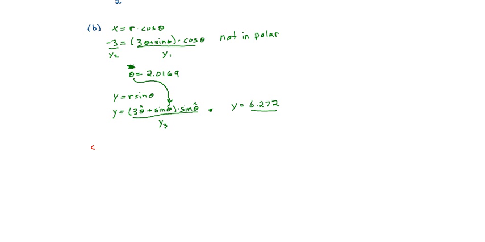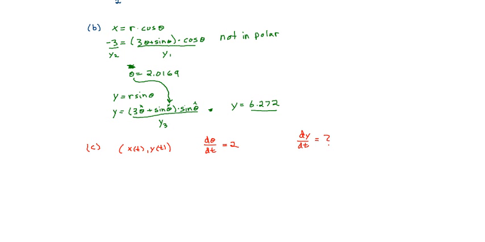So C. C asks, a particle is traveling along the polar curve, so its position is x at t, comma, y at t, okay, and such that d theta dt equals 2, find dy dt at the instant that theta equals 2 pi over 3.